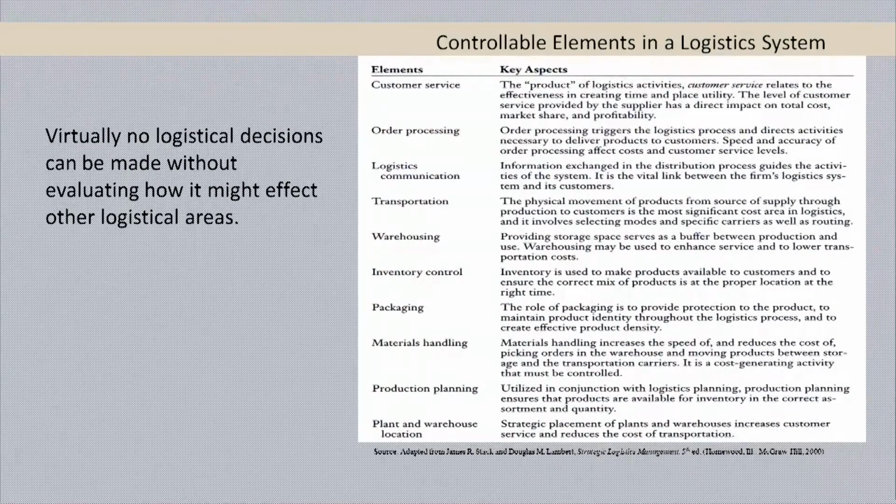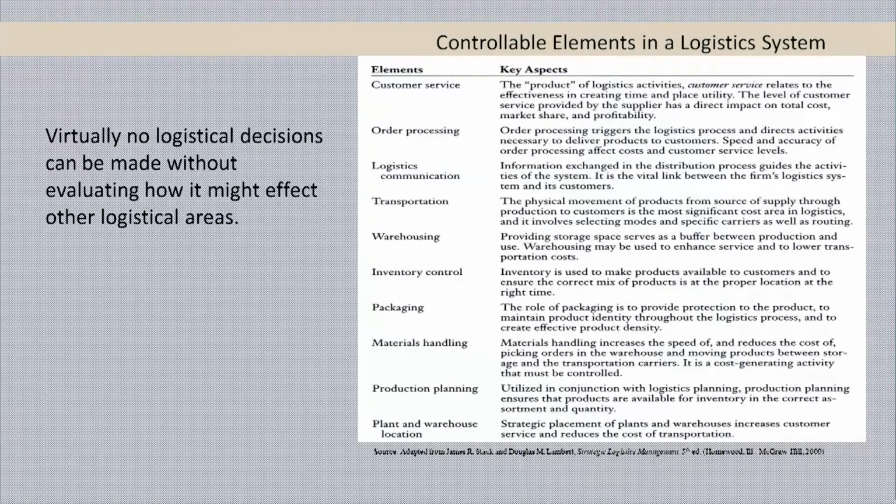Going up from there, the production planning system, the material handling system, the packaging system, the inventory control, the warehousing, the transportation to the warehouse, the logistics and communication, the order processing and manufacturing, and the order taking and customer service in that respect.